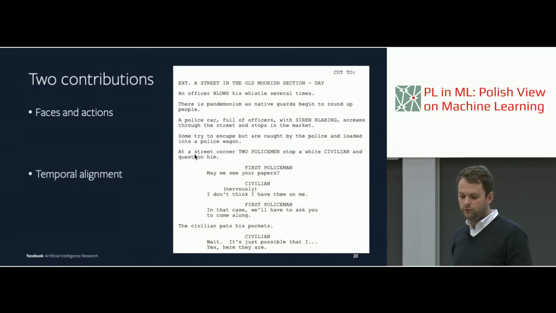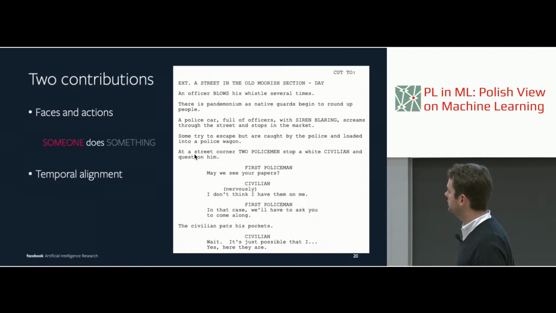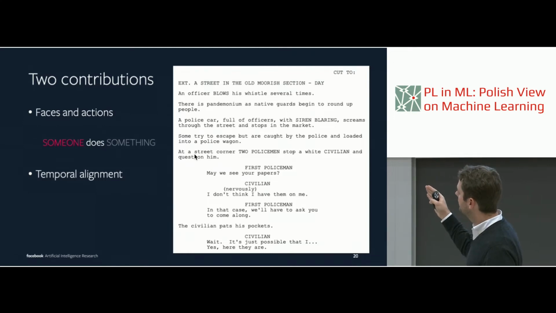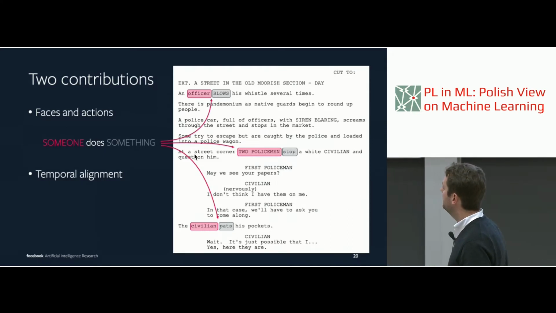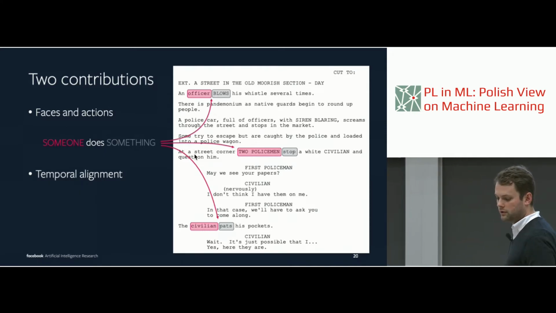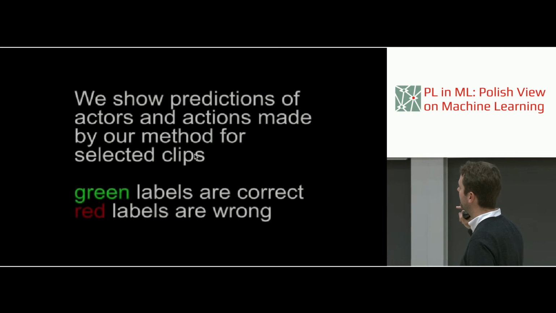So in my PhD, I had two contributions. The first one was working with faces and actions and saying that basically in the script, there is always someone doing something, and we identify subjects and verbs in the script and do a joint optimization of person recognition and action recognition. So these are qualitative results from this paper. It's from 2013.